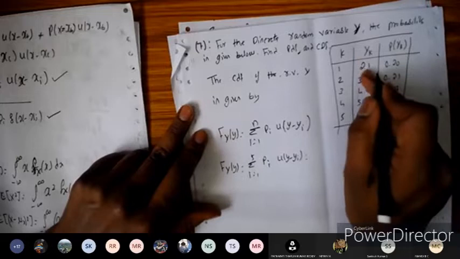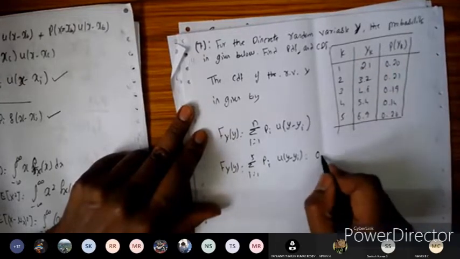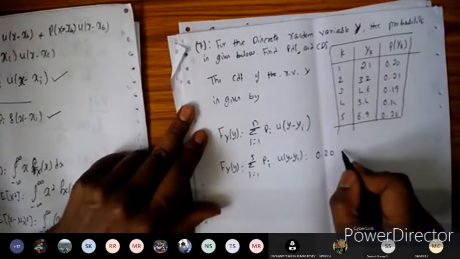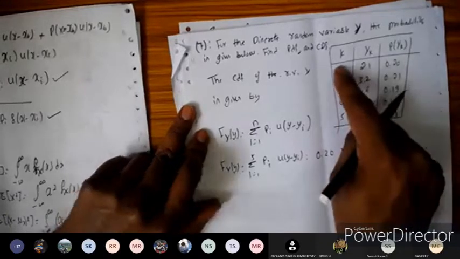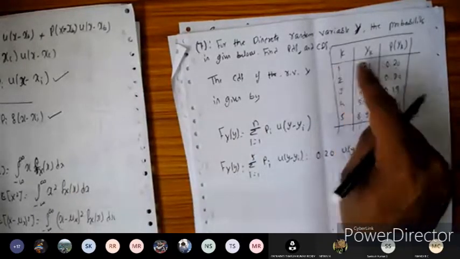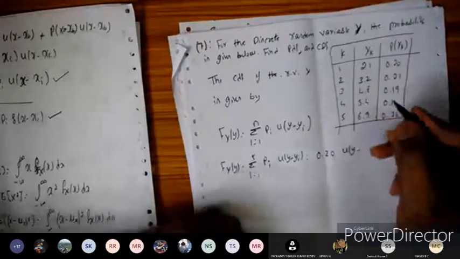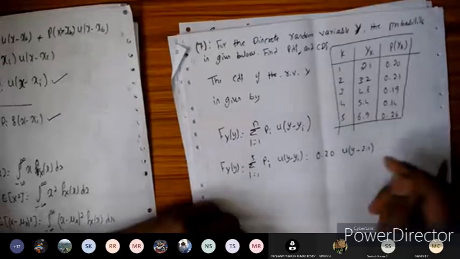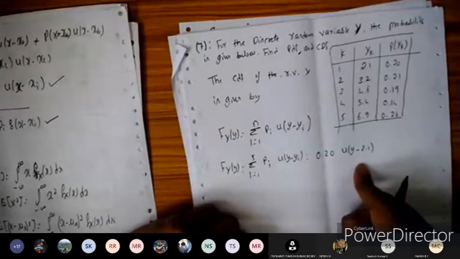Substitute the values: 0.20 into u of y minus y1, where yi takes the values 2.1, 3.2, and so on, so it is y minus 2.1.